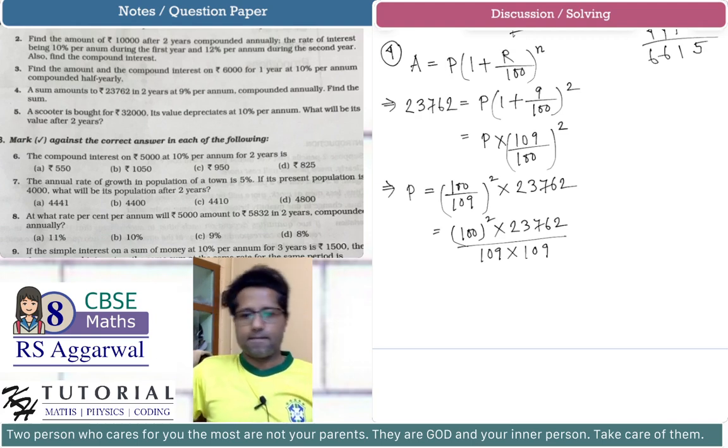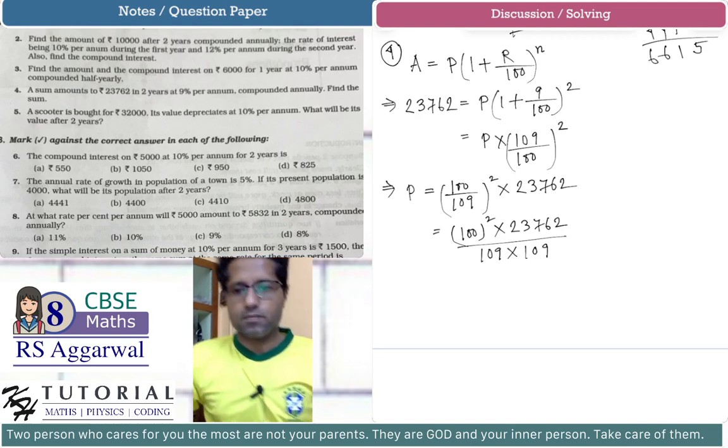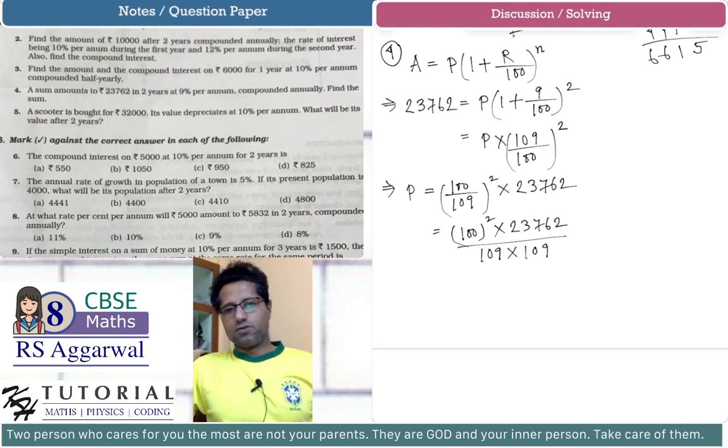Now 109 multiplied by 109 should exactly divide 23762.